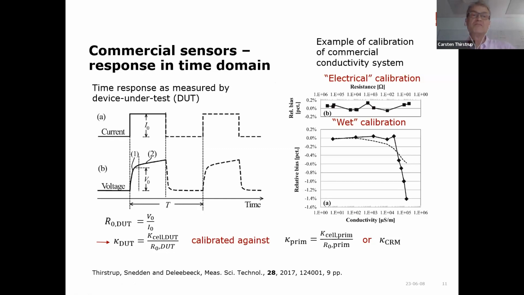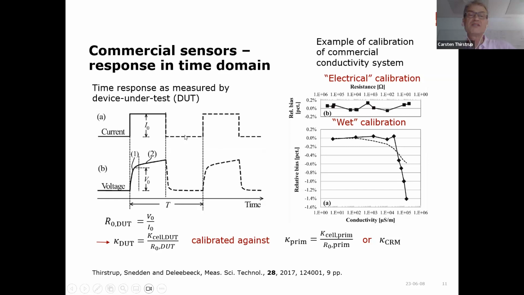But in the time domain, we are able to make faster measurements, and also the electronics are simpler. So this is normally what is being used commercially.